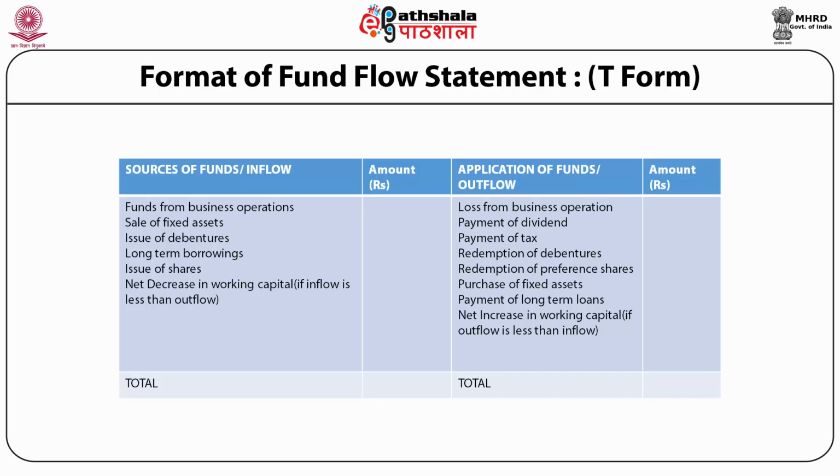The sources side includes fund from business operations, sale of fixed assets, issue of debentures, long-term borrowings, and issue of shares, whereas the application side includes loss from business operations, payment of dividend, payment of tax, redemption of debentures, redemption of preference shares, purchase of fixed assets, payment of long-term loans, and net increase or net decrease in working capital, the balancing figure.